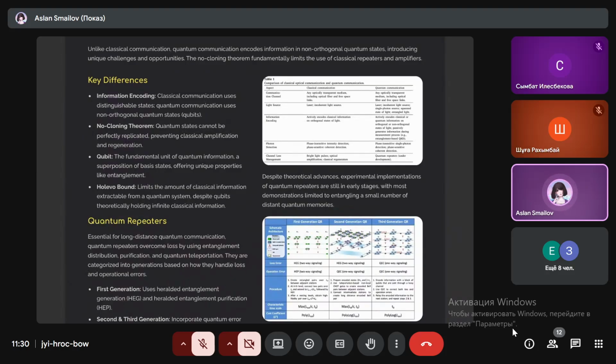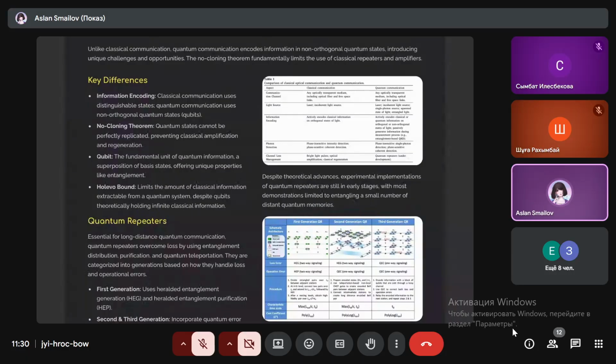And as I know from this article, in the future we will use only the second generation and the third generation of the quantum repeaters.